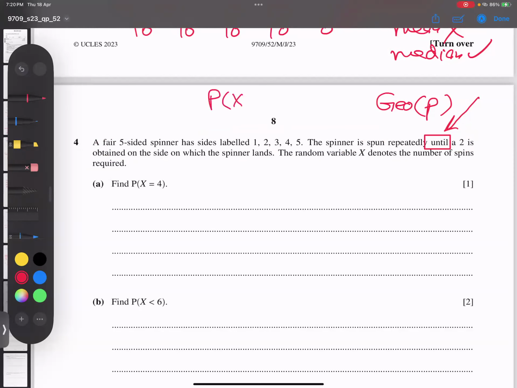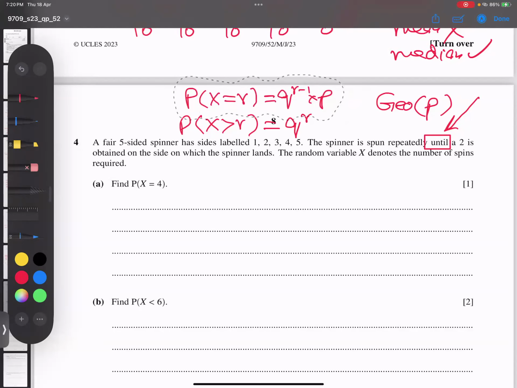X is equal to R: the formula is Q to the power R minus 1 into P. And X is bigger than R: we have simply Q to the power R. So don't forget these two formulas. They will play a vital role here, and I will use them to solve both questions.